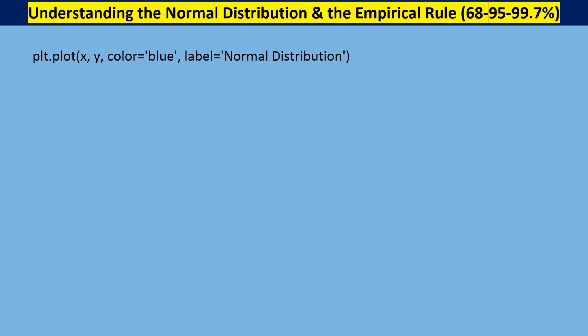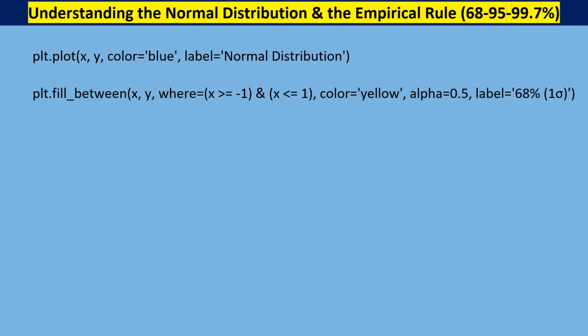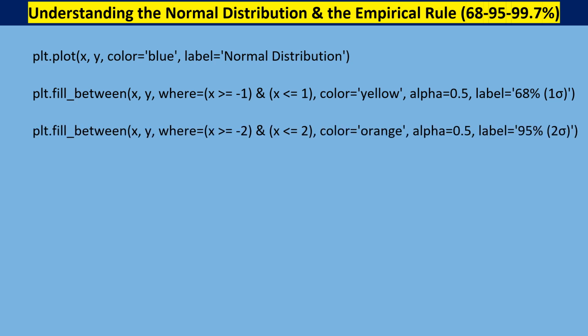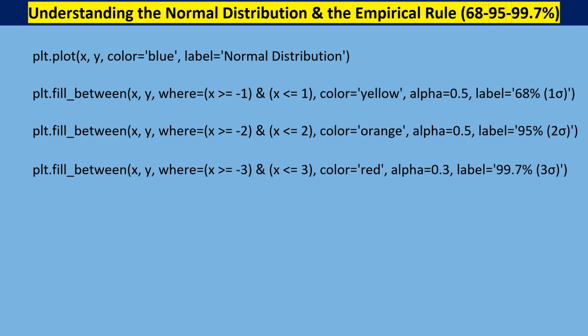68% of data falls within one standard deviation, the yellow shaded area. Then 95% of data falls within two standard deviations, the orange shaded area. Then 99.7% of data falls within three standard deviations, the red shaded area.